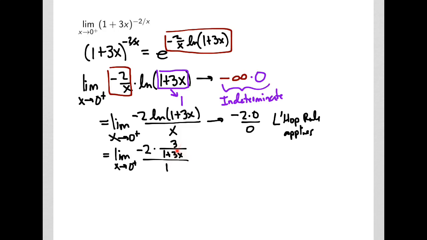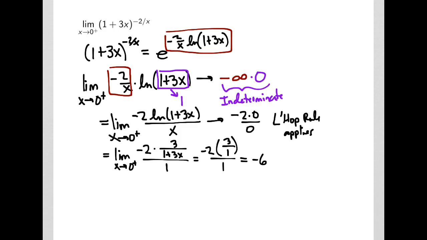So x goes to 0 only appears in one spot, and our answer will be negative 2 times the fraction 3 over 1 plus 0 over 1, which gives me a value of negative 6. So L'Hopital's rule tells me that the limit of the exponent is negative 6.